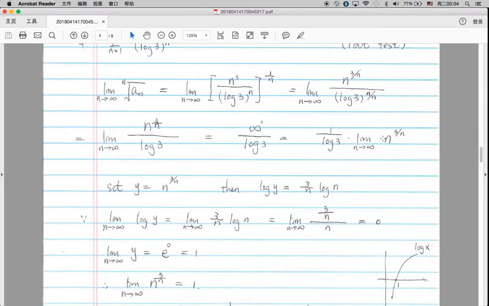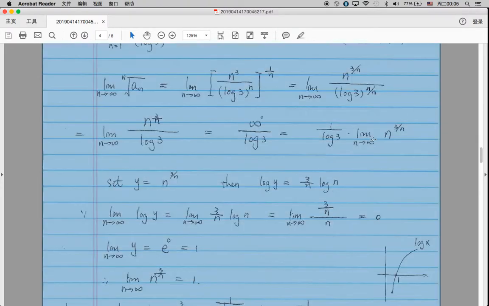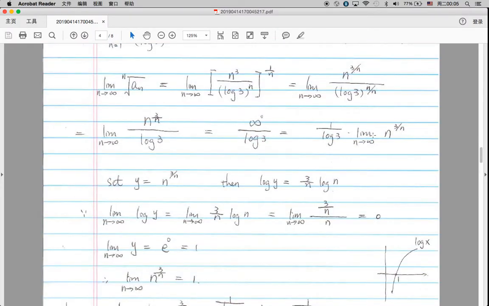Since our variable is n and our power also includes the variable, in this case we need to apply another technique.